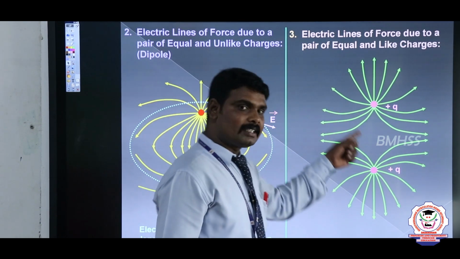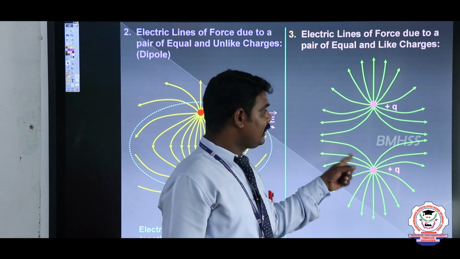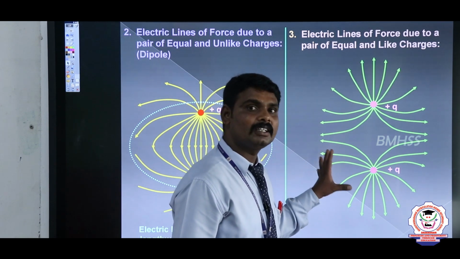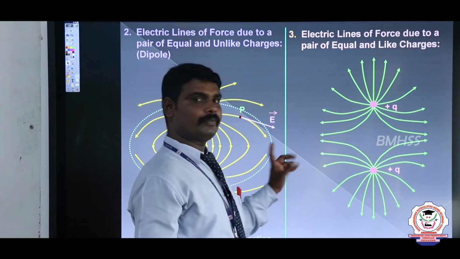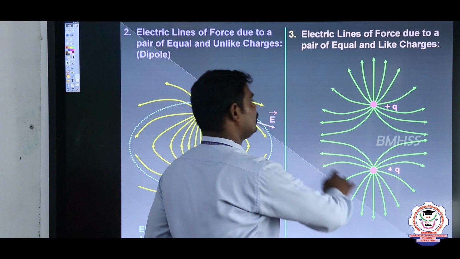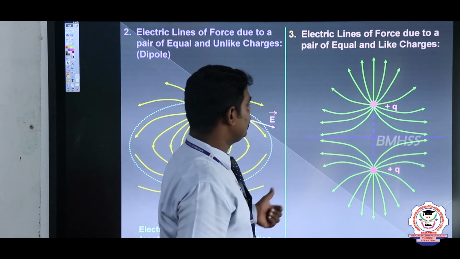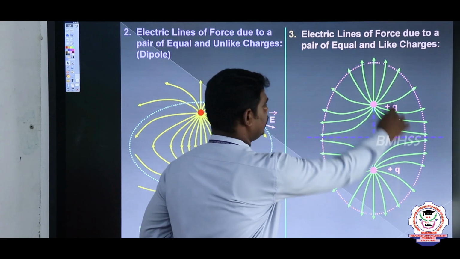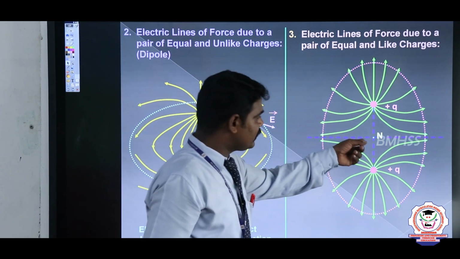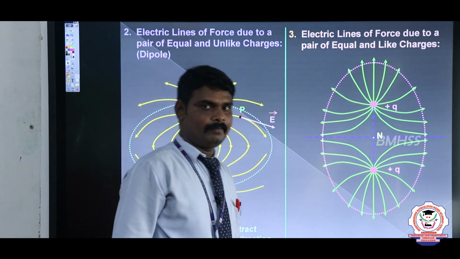See, in this diagram the electric field lines never intersect. The electric field is produced around these two charges, but inside, between them, there is no electric field.